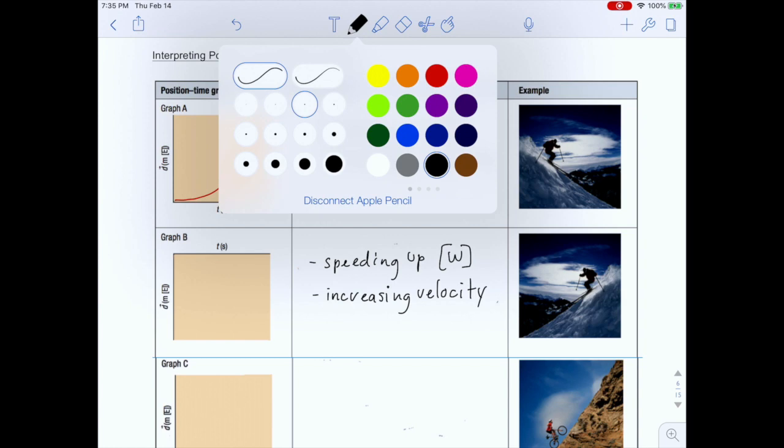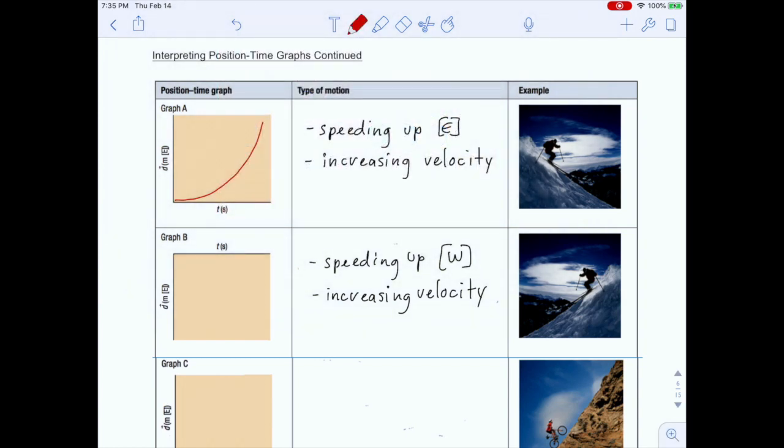So this graph would start off not very steep and then end up being steeper over time and would look like this, a downward curving line.